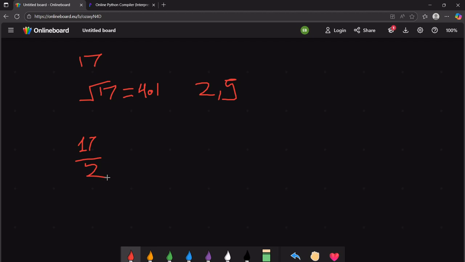We have to divide 17 by 2, 3, 4. Here the remainder is 1, here the remainder is 2, here the remainder is 1, here the remainder is 2. So in none of the cases was the remainder 0.